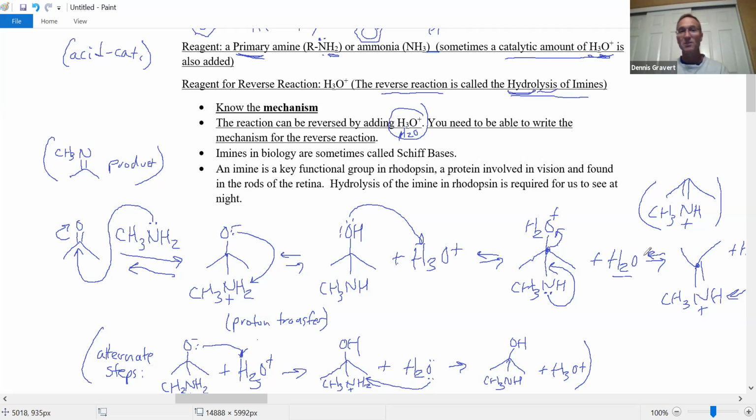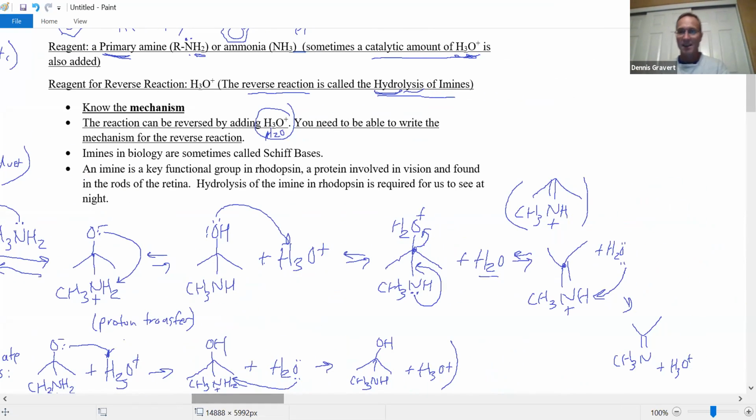So what we're going to do is we need to know the reverse reaction. We're going to start with an imine and reverse the mechanism. Use the hydronium ion and go back to the ketone. We're going to cut right here with water and add an O from water here to make our ketone, and add the two H's from water to make the primary amine. All right, let's see that mechanism.